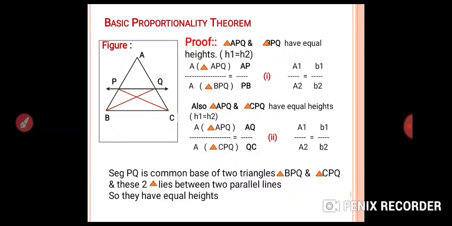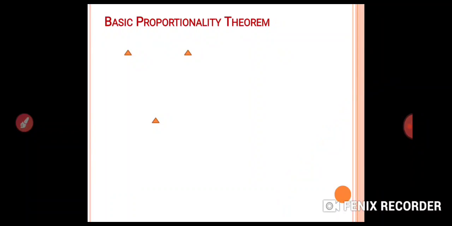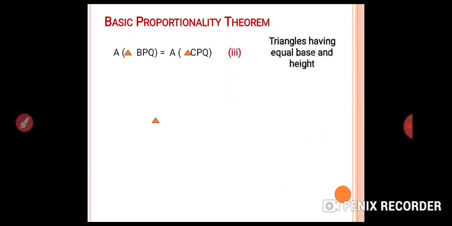So these two triangles have equal height. So we get here by property number 3, their bases and their heights are equal. So we write area of triangle BPQ is equal to area of triangle CPQ, and this is our statement number 3.